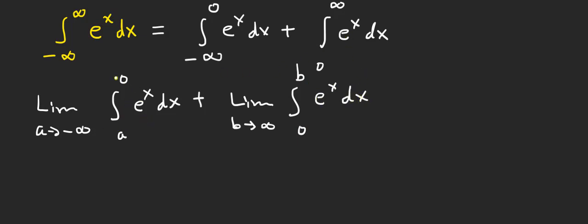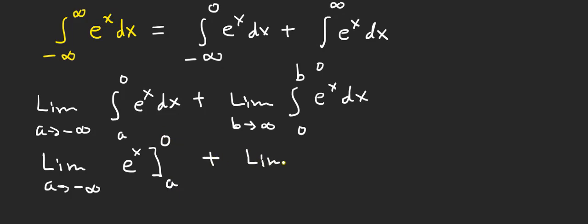So what do you get over here? You get the limit as a goes to negative infinity of e to the x from a to 0, plus the limit as b goes to infinity of e to the x from 0 to b.